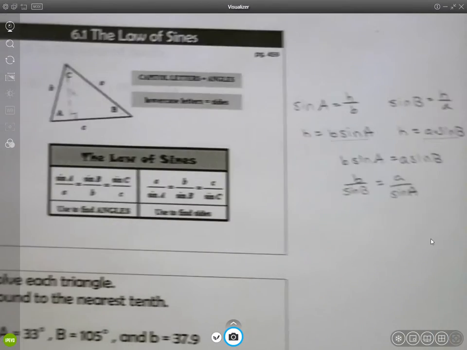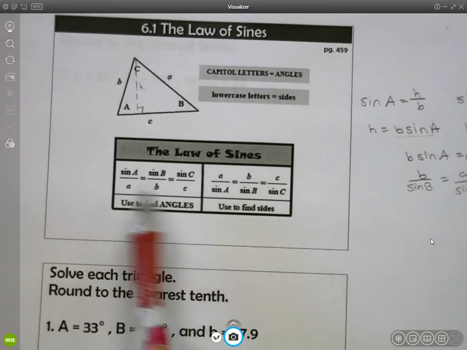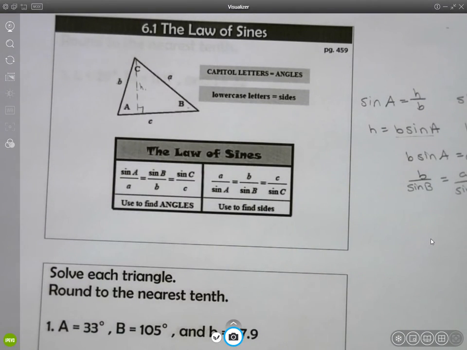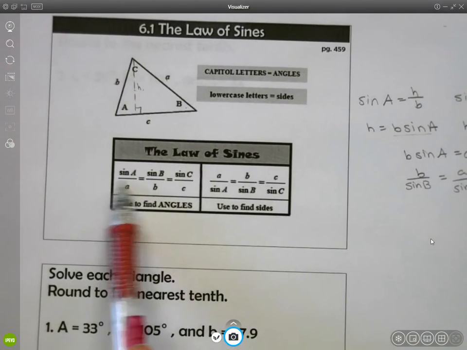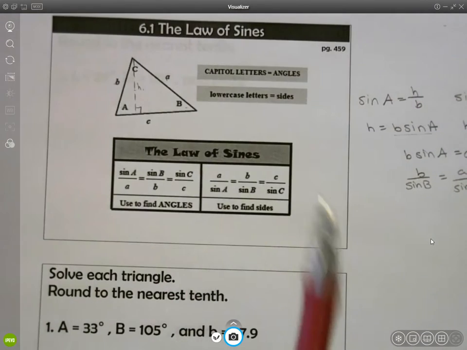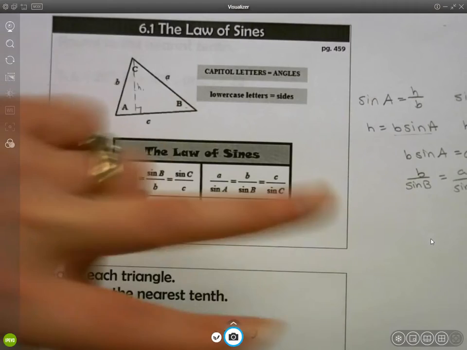So the law of sines uses this concept and says that the ratio of sine of an angle to the side opposite that angle is constant no matter which angle and side you choose. The law of sines technically has two versions, which is just one is the reciprocal of the other.